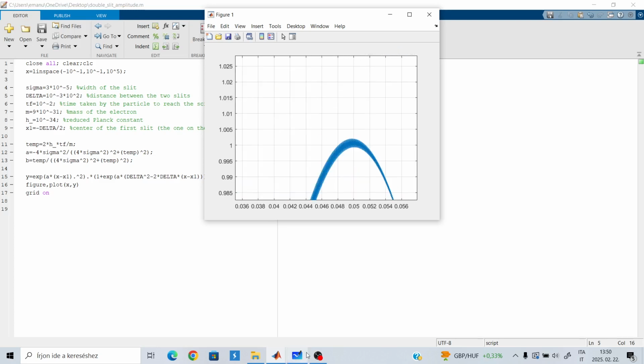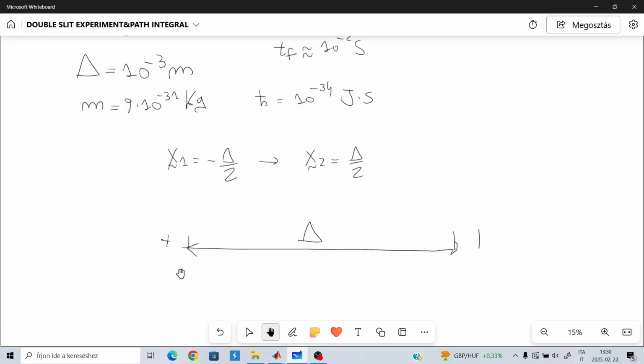Yes. And what is 0.05? 0.05 is equal to 0.1 divided by 2. And 0.1 is, of course, capital delta.